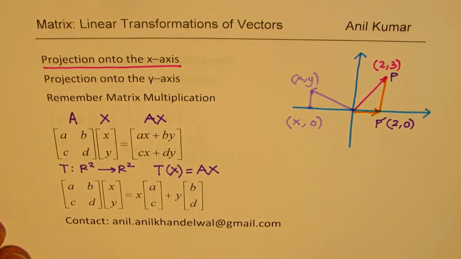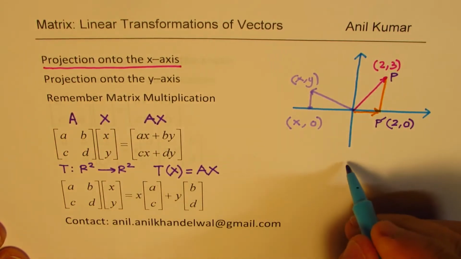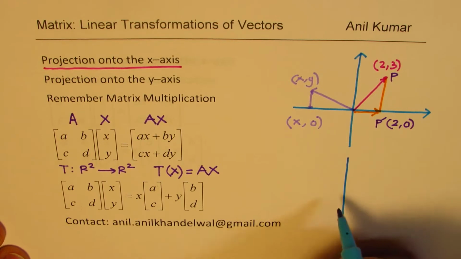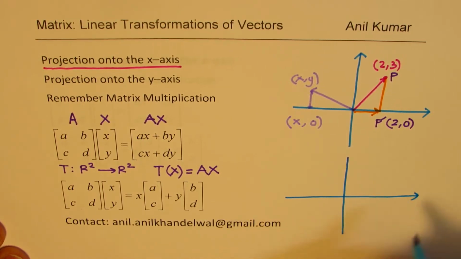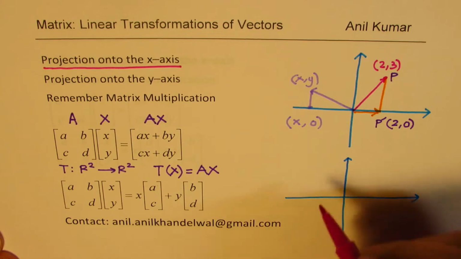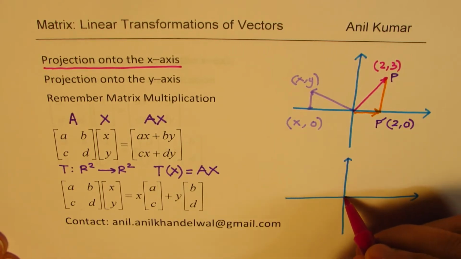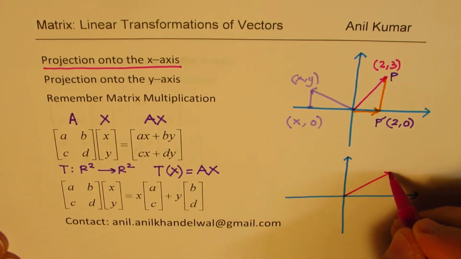Is that clear? So this is what we understand with projection on the x-axis. Now let's look into the projection on the y-axis. Let us say we have another point here.